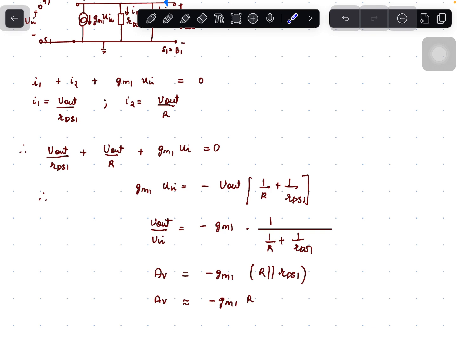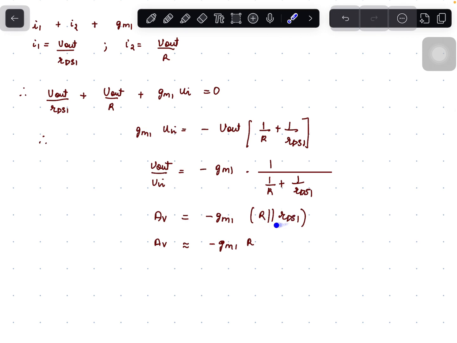Now we can write gm1 times Vin equals minus Vout into 1 by R plus 1 by RDS1. Therefore, Vout by Vin equals minus gm1 times R parallel RDS1. So R parallel RDS1 can be approximated to be equal to R when R is very small compared to RDS1. So gain is given by minus gm1 times R.